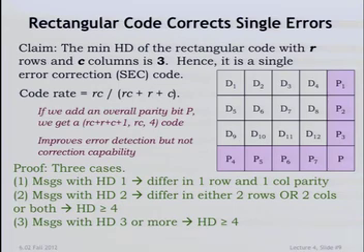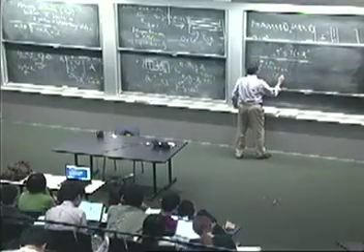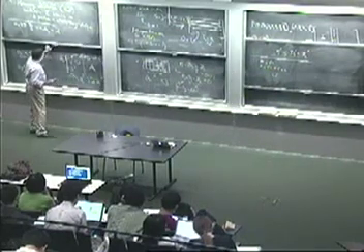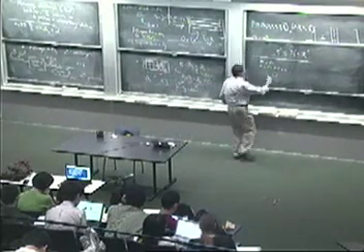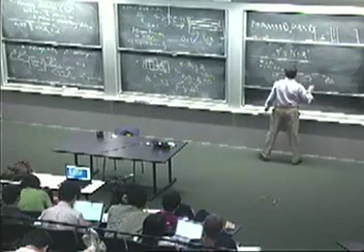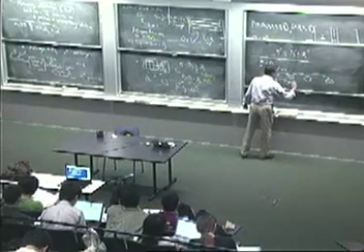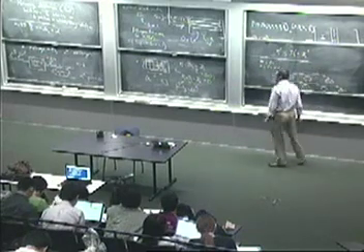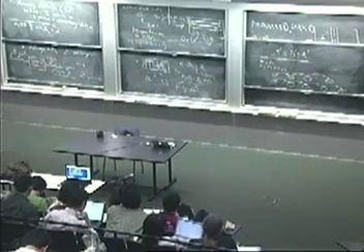And if you go through the argument there, what you'll discover is what you've done is go from the rectangular code that had this structure, Hamming distance 3, to now one that has Hamming distance 4. Okay, so adding that overall parity bit has increased the minimum Hamming distance of the code from 3 to 4.